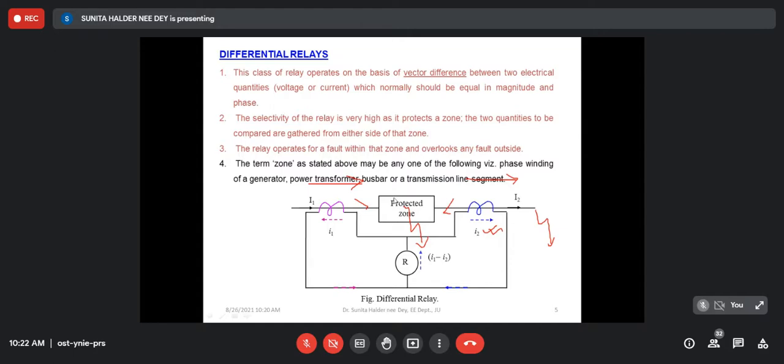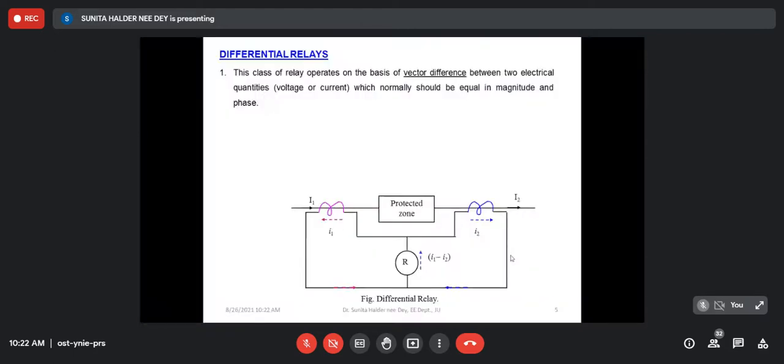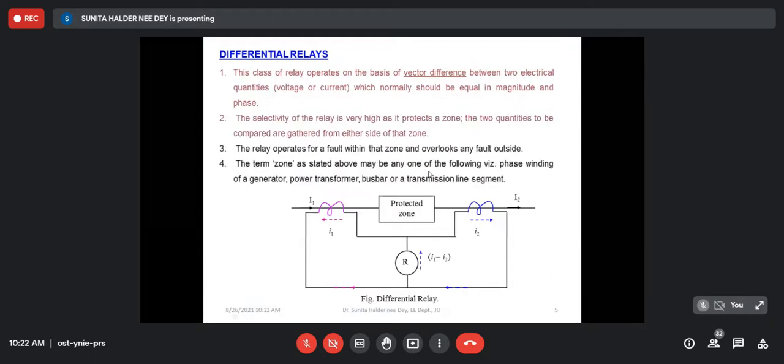Now, what may be the protected zone then? Protected zone obviously may be a winding. Generally, it is a winding or power transformer or a bus bar, because within a bus bar there should not be a change in current. So, if there be any change in current, that means there is a fault in the bus bar. It is quite abnormal, but it can protect that one.